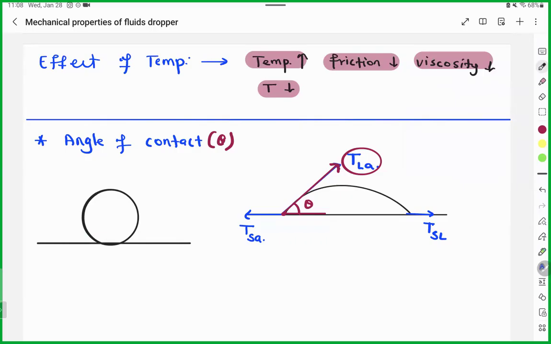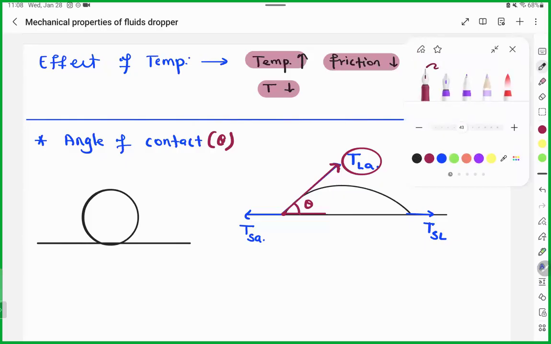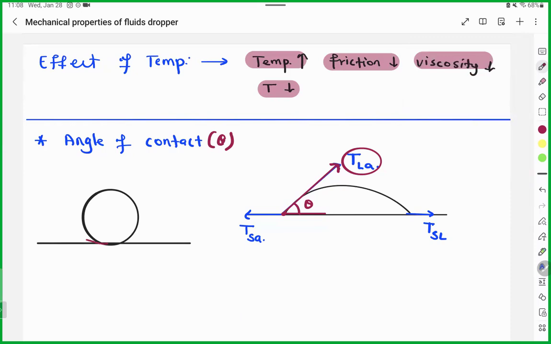If it's an acute angle, then it's considered as wetting. How wetting happens, we will explain in this diagram only. See, there are two things. If the surface is like this, how will you explain the angle? First, you have to draw the tangent. Tangent from this is still this.